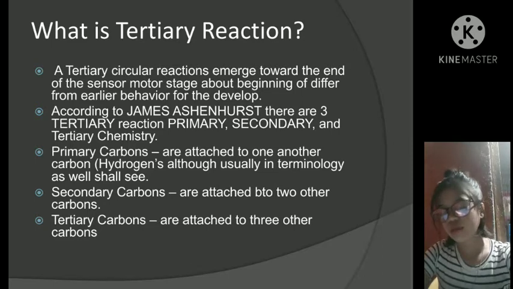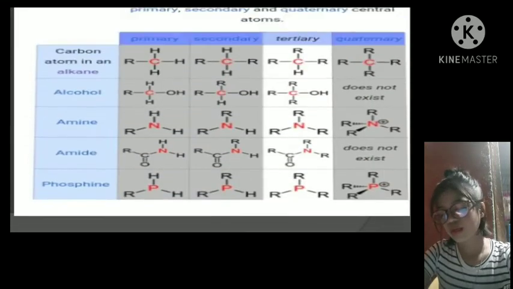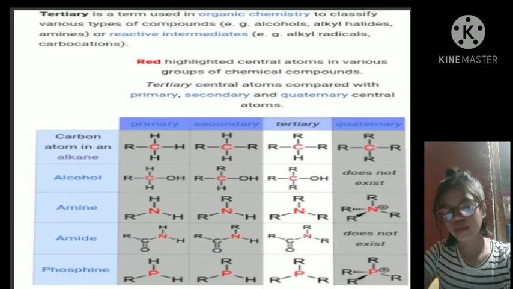Primary carbons are attached to one other carbon, and hydrogens, although usually in terminology as we shall see. Secondary carbons are attached to two other carbons. Tertiary carbons are attached to three carbons. Tertiary is a term used in organic chemistry to classify various types of compounds such as alcohol.